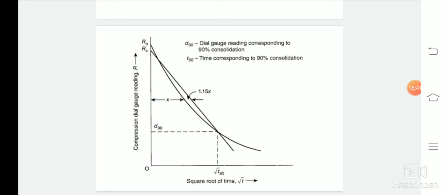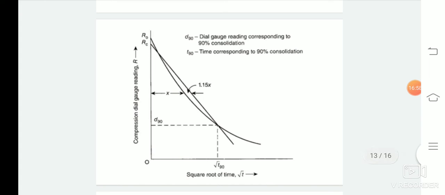Then the coefficient of consolidation can be computed from the relation CV equals capital T90 into D square divided by small t90, where capital T90 is the time factor corresponding to 90% degree of consolidation, which is also equal to minus 0.9332 log 10 into (1 minus 0.9) minus 0.0851, whose value is given by 0.8481.